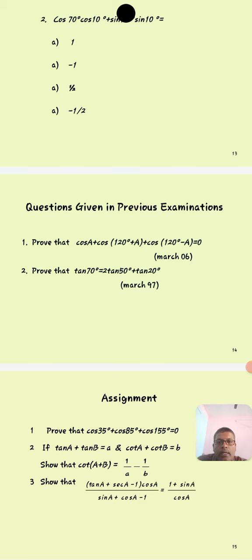Now we write cos 85 as cos of 70 plus 15, cos 160 minus 5, and also we can write cos 120 plus 45 or 35. As you wish, you have to apply the cos of A plus B formula.